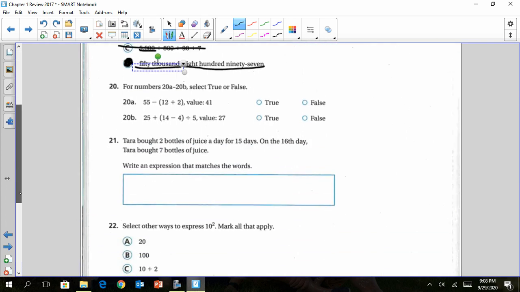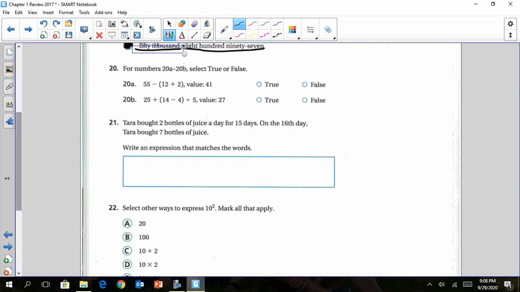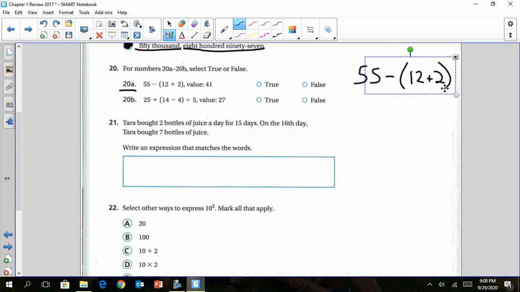Question number 20, select true or false. If you solved those expressions, do you get the value that they say right there? So question 20A is 55 minus 12 plus 2. So we're going to solve parentheses first.